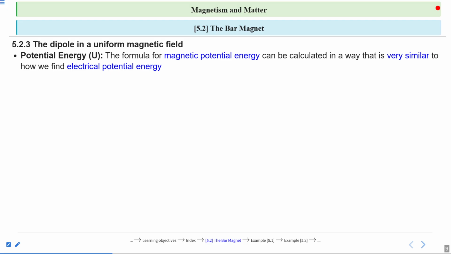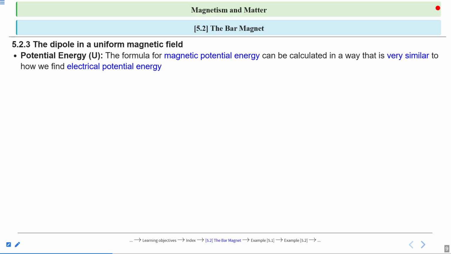In the electrostatics chapter, I already mentioned in the beginning that you have to draw all the analogies with electrostatics, electric fields and the electric dipole moment. So you should revise that chapter also. We are going to find the potential energy of a magnetic dipole, similarly to how we found the electric potential energy of the electric dipole.